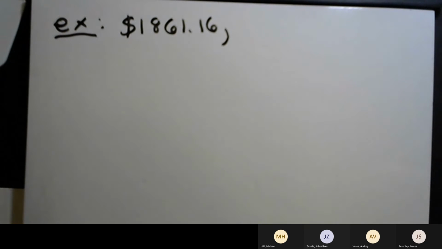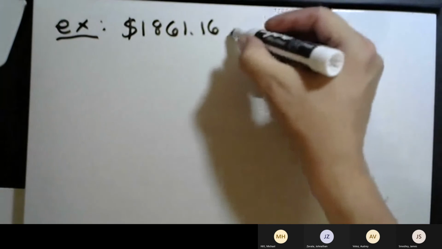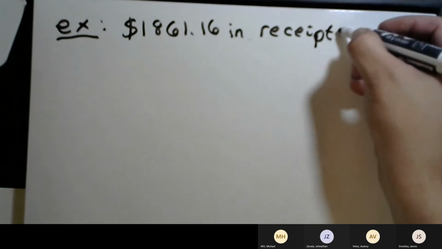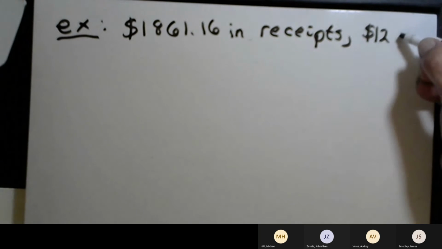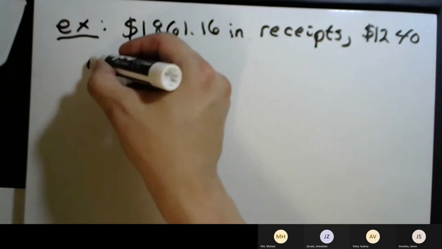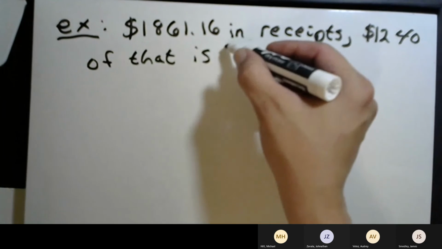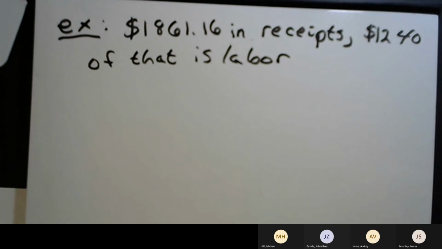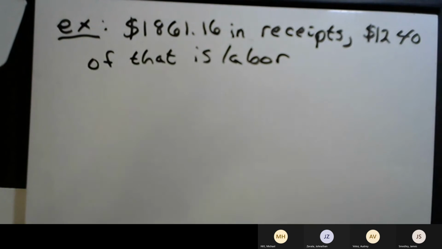Now, $1,240 of that is labor. So what's happening? You're working at an auto mechanic shop. This is how much you have in receipts. And this is what customers have paid the shop.